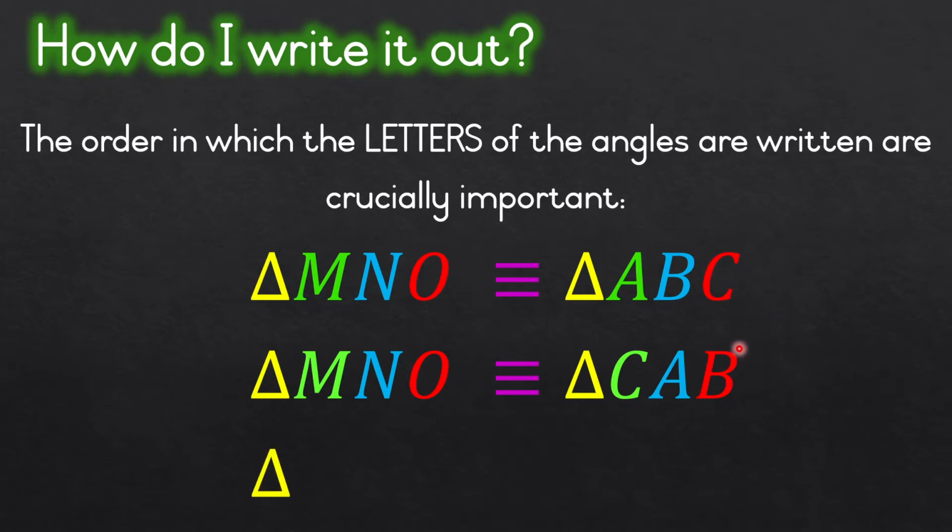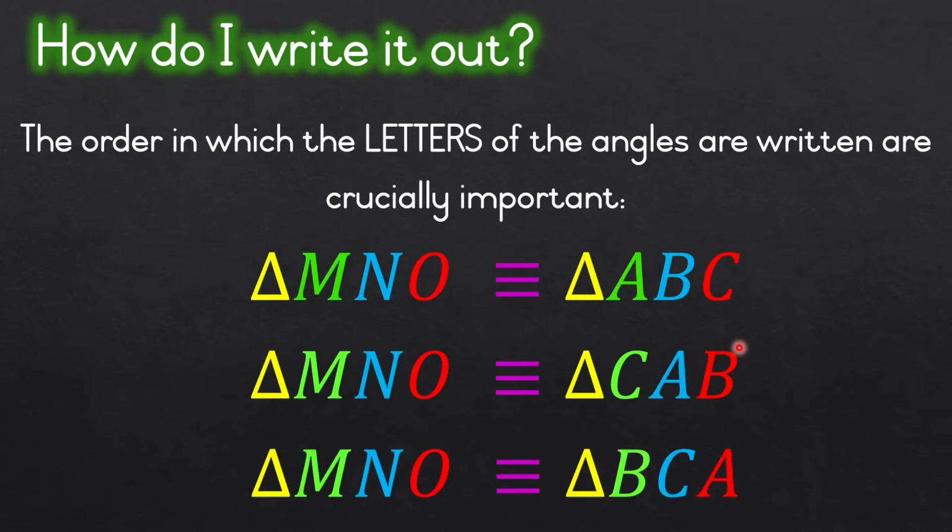And I can do the same thing again and shuffle the angle letters, and then I'll have a third triangle which looks the same, but it isn't the same as those two. So just be careful that you write the corresponding angles that are equal to each other in the correct order so that you don't mess them up.